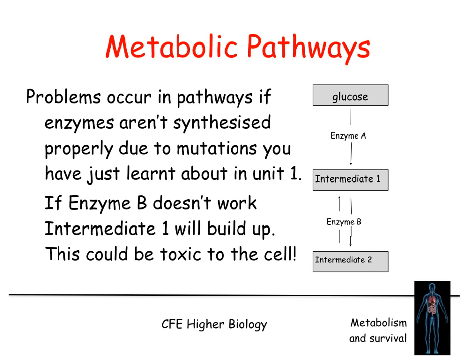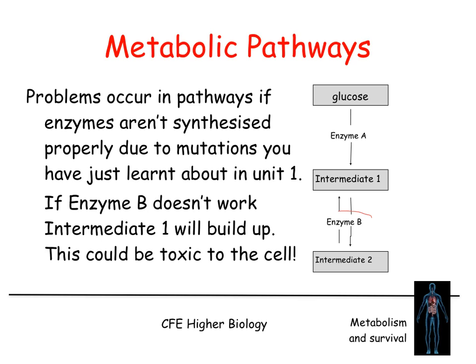Now, sometimes a problem occurs in a metabolic pathway where maybe an enzyme isn't synthesized properly. If you think about some of the gene mutations that you learnt about in Unit 1, where maybe something has gone wrong and the protein hasn't formed properly. And so if the enzyme isn't formed properly, then there can be a problem in a metabolic pathway.